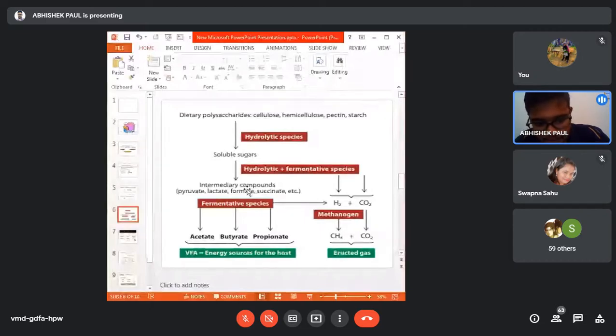Acetate and butyrate supply the fat portion of the milk, and propionate is the precursor of lactose, the milk sugar. This slide is very, very important.